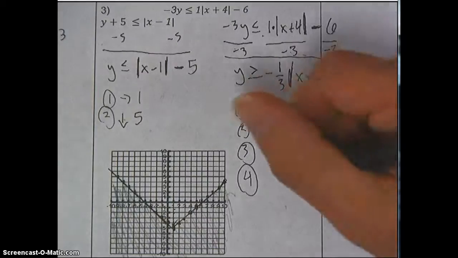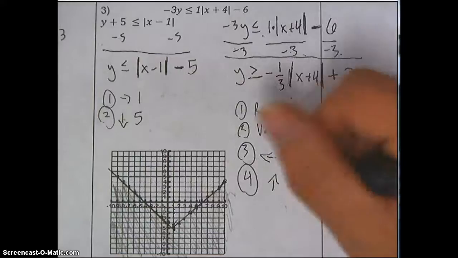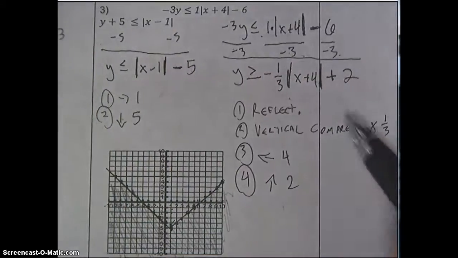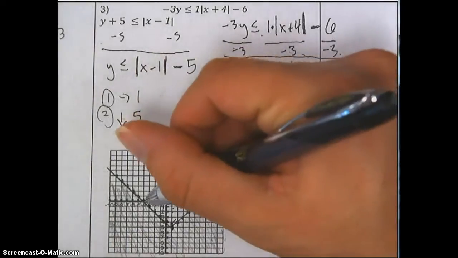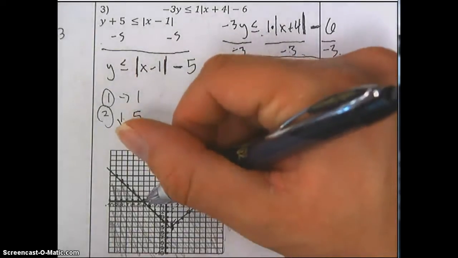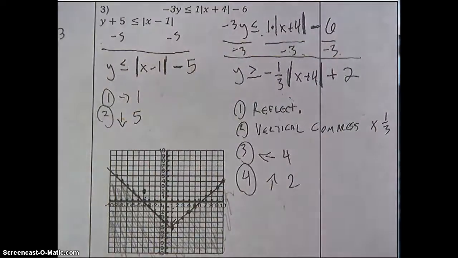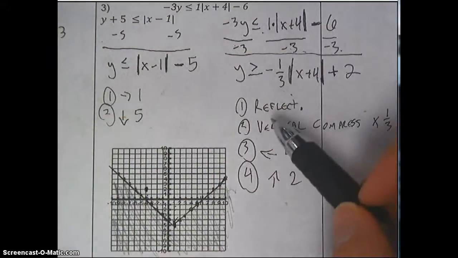That plus 4 means go left 4. And that plus 2 means go up 2. So I'm going to start at the origin. I'm going to go left 1, 2, 3, 4. And then I'm going to go up 1, 2. And I'm going to put my dot. That's my vertex. Now I know this thing's upside down because it's a reflection.